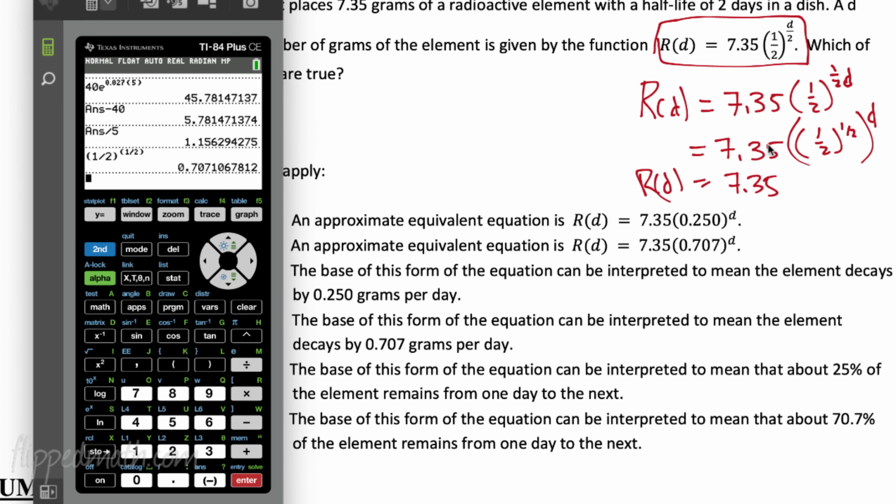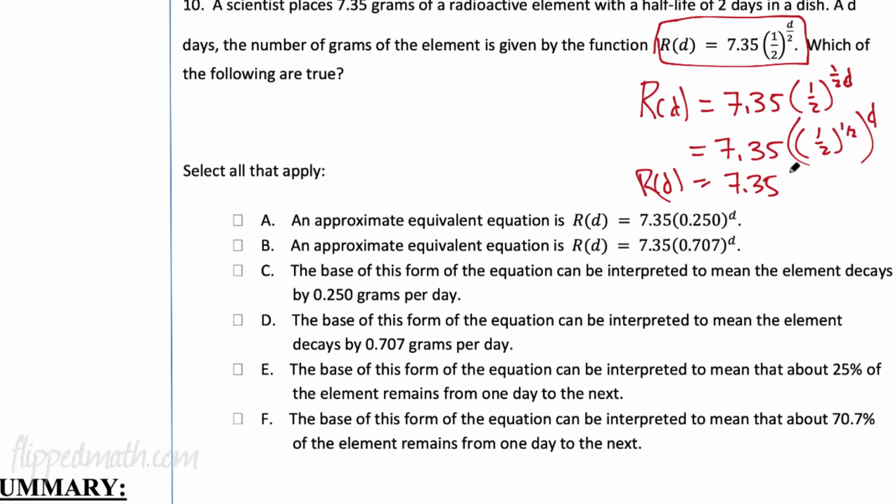That makes me happy. You know why? Because 0.707 shows up in our answers there, raised to the D power. So that means that B is correct. An equivalent equation, approximately, because that's irrational, so it's approximate. But we get R of D equals 7.35 with a base of 0.707.